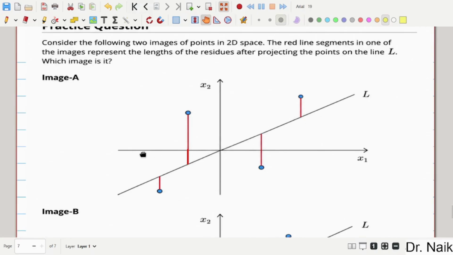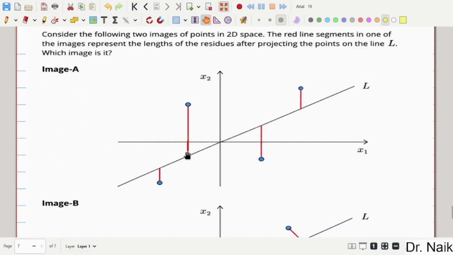See image 1. Is this red line perpendicular? No. That means it is not a residue. Is this red line perpendicular to the line L? No. So this is not residue. Similarly, these two lines are not perpendicular to the line L, therefore they are not residue.